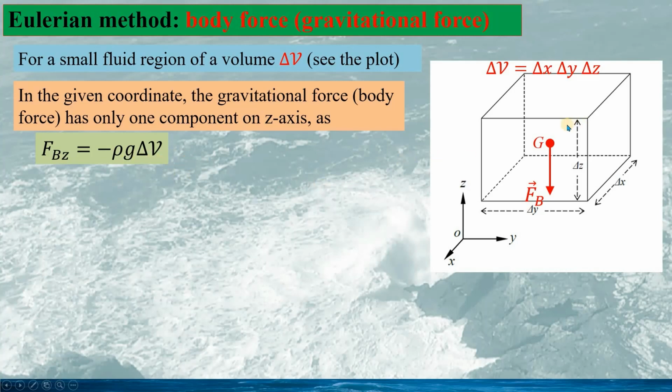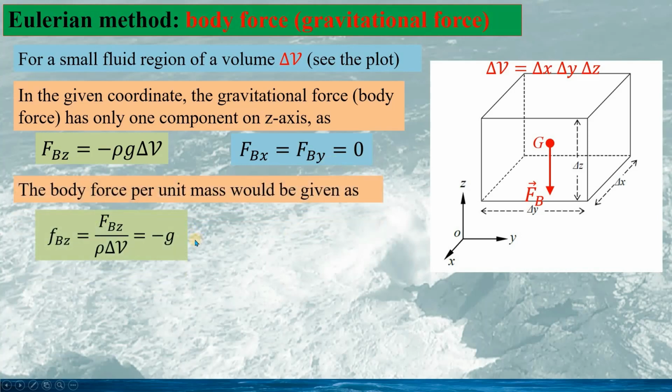Delta V is the volume of the element. Minus here is because the gravitational force is in the opposite direction with the z-axis. And obviously we can see the gravitational force on the x-axis and on the y-axis would be 0.